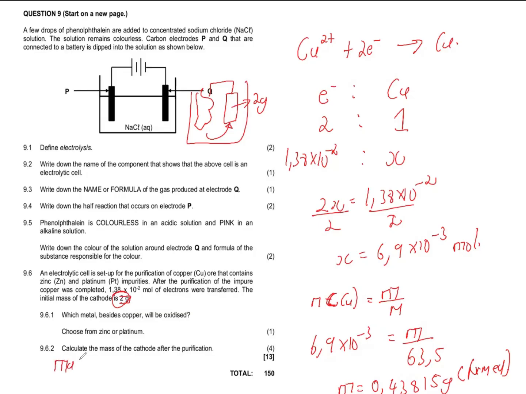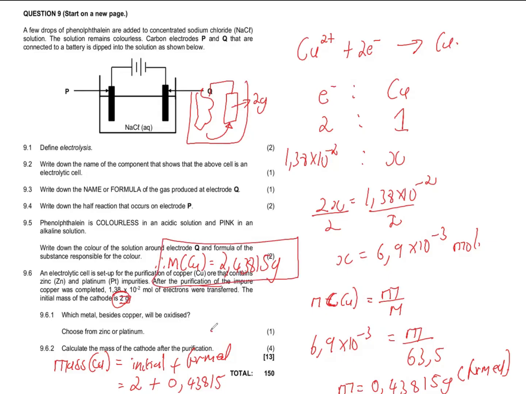The mass of the copper finally is going to be the initial plus the one that is formed. And then that's 2 plus 0.43815. And when you add those two together, you get the mass of copper finally. That's 2.43815 grams.